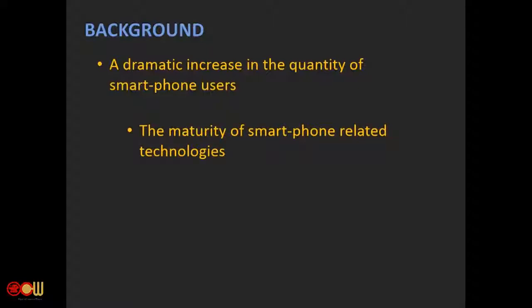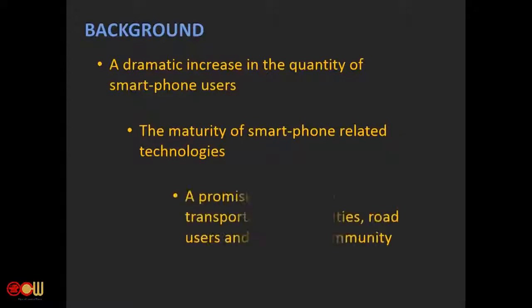And iPhone technology is also quite impressive and quite mature, okay? iPhone here refers to all those similar devices, including iPad or whatever related smart communication and visual technology. It has promising benefits to transportation, okay?